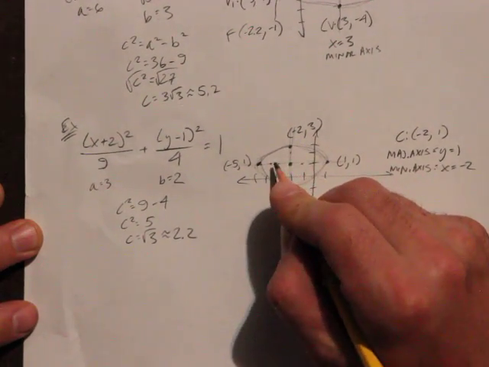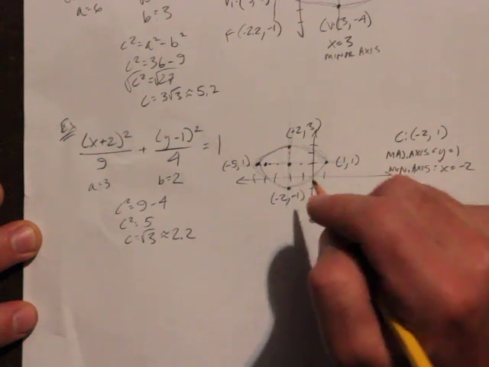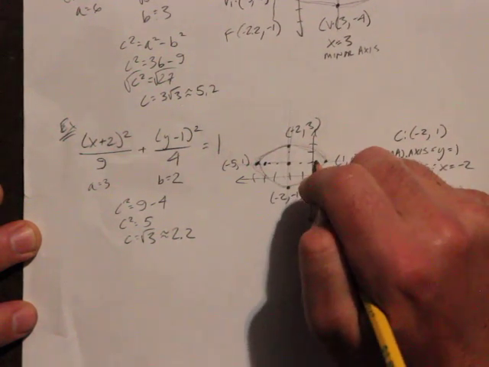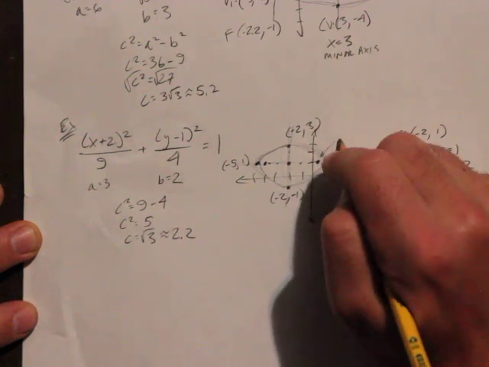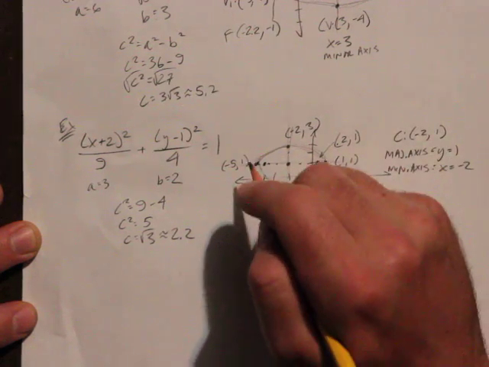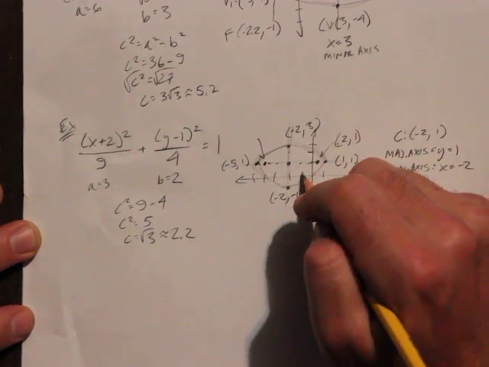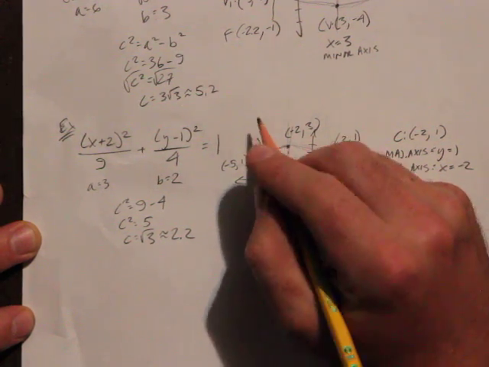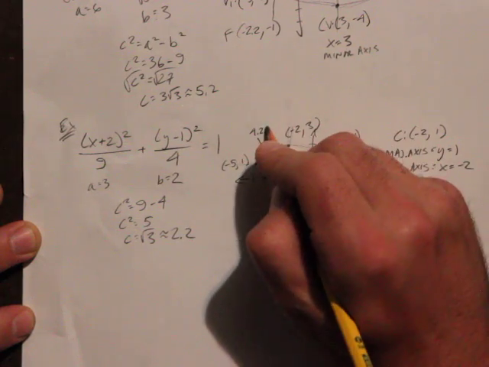So I go this way 2.2, there's one focus, and then I go to the right 2.2, and there's my other focus. So this one is going to be -0.2, 1, and then this focus here is going to be 1, 2, 3, 4.2, 1.